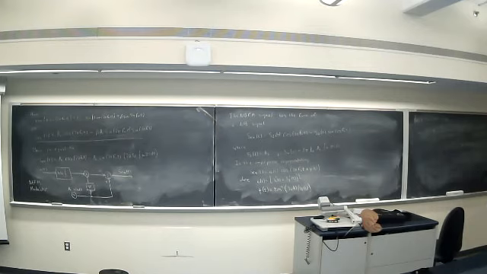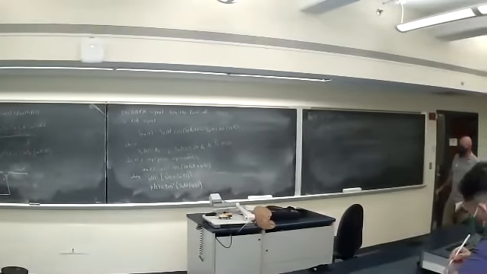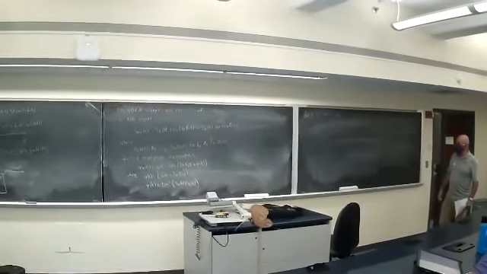The minus sign appears because it's the product of two sines instead of two cosines. When you take that difference, you get a 180-degree phase shift, which gives you the minus sign. But it's essentially the same trig identity.